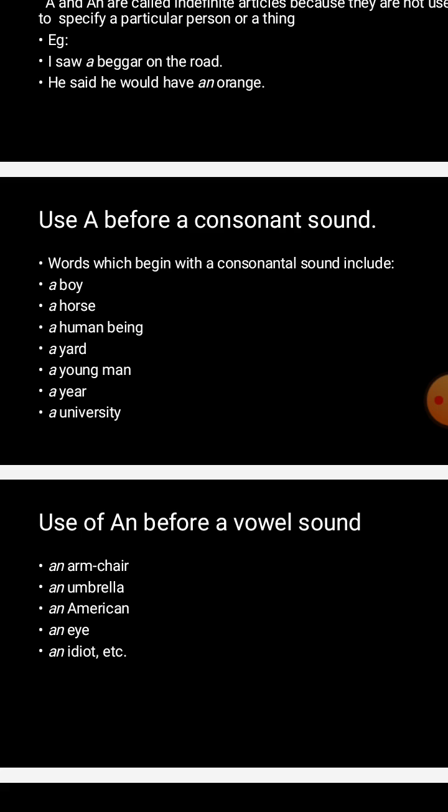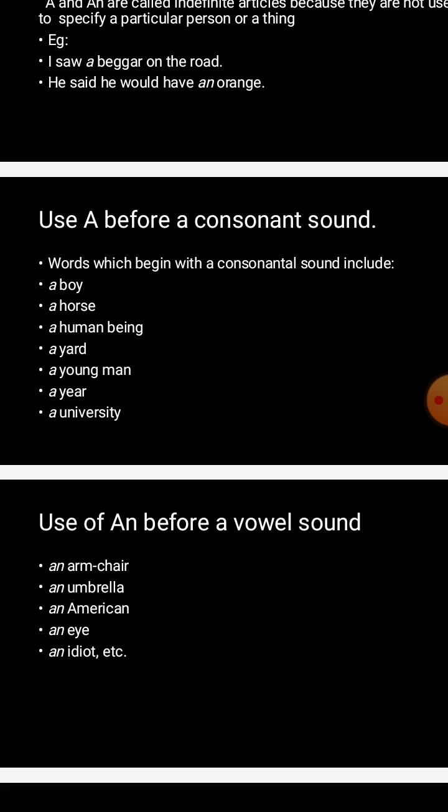We have 5 vowels, A, E, I, O and U. But there are words which begin with the letter A, E, I, O, U, but they are not words which begin with a vowel sound. So you have to listen very carefully to the sound that the word makes.